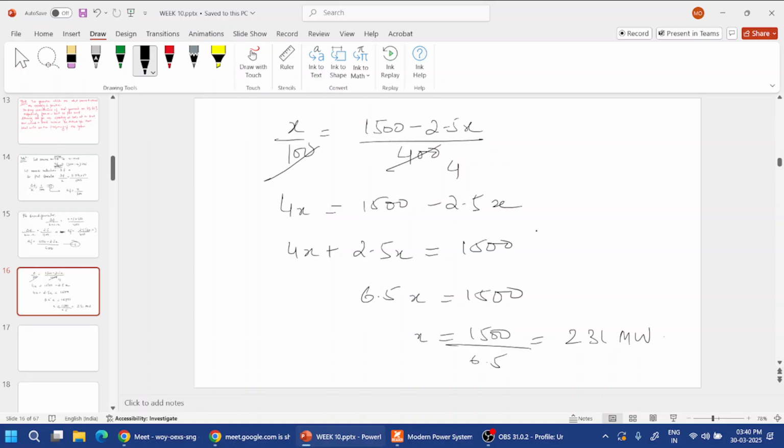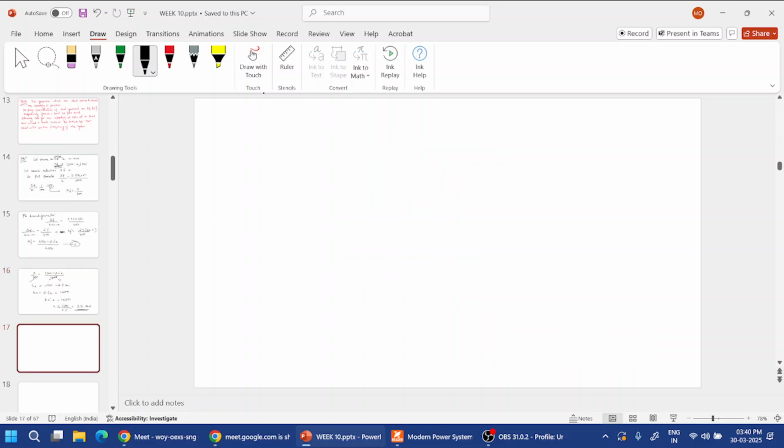So out of 600, 231 will go towards generator 1. Then the load on generator 2, how much will it be? 600 minus 231, how much is it? 369 megawatt.